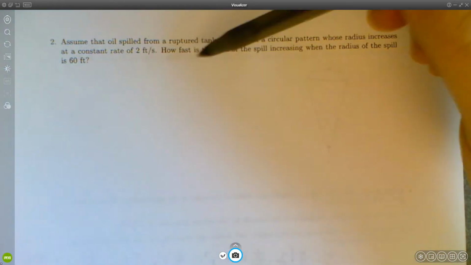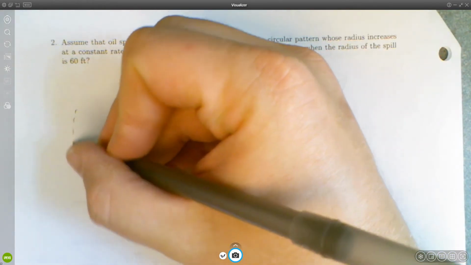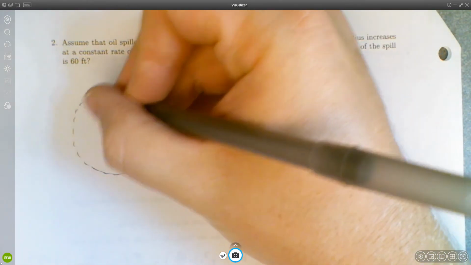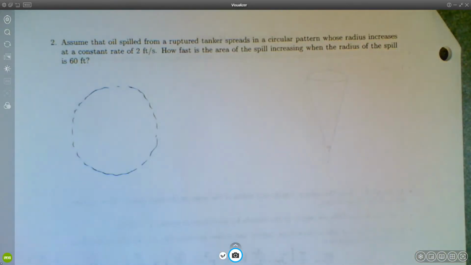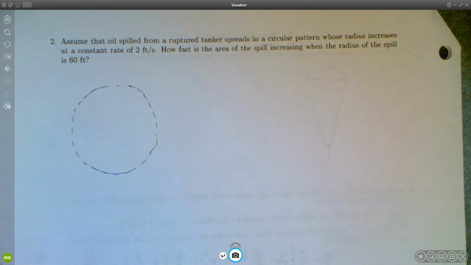So we know that the oil is spilling out in a circular pattern. So we've got this circular spill. I'm doing a dotted line because I'm assuming it's still growing, so I don't want to draw a definite boundary.